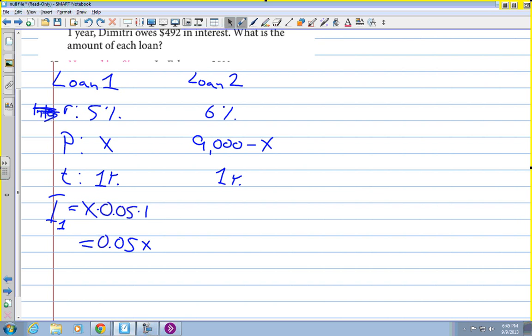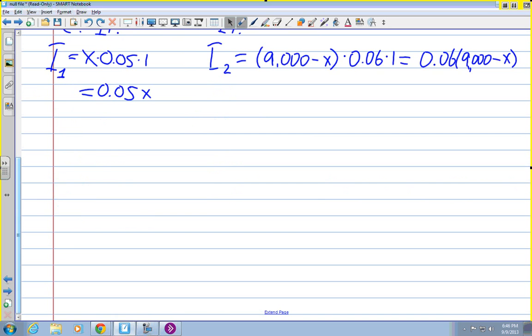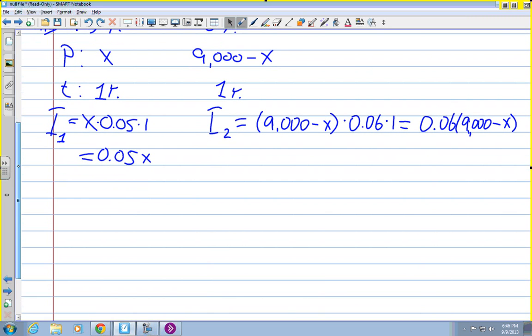From the second loan, let's call it I2, the principal is 9,000 minus x. The rate is 0.06, and the time is 1, or in other words, 0.06 times (9,000 minus x). Is that okay? So those are the two expressions representing the interest from the first loan and the interest from the second loan. But we still don't have an equation.